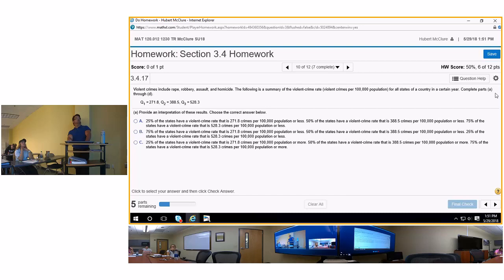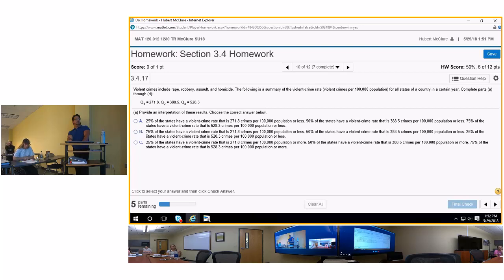Complete parts A through D. Okay, 25% of states, provide an interpretation of these results. 25% of the states' crime rate is 271.8 crimes per. Okay, so that's first quartile. So that means 25% is what that means.